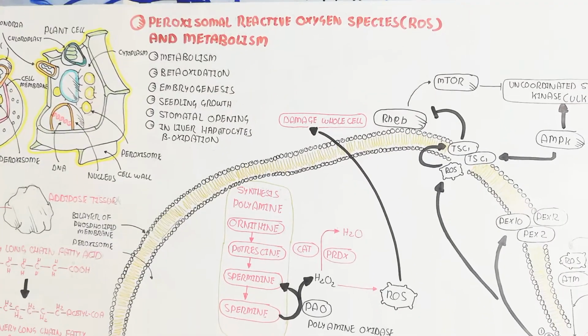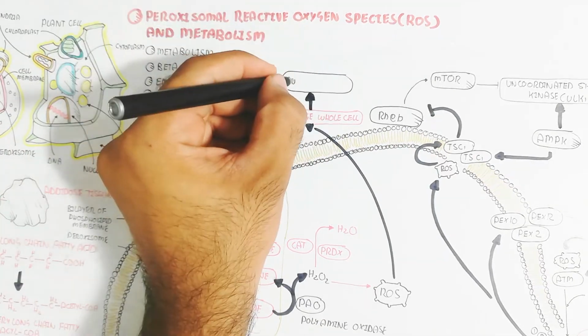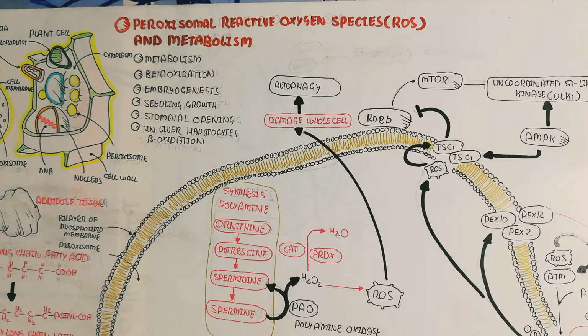This autophagy binds with the LC3 protein, and in this way you can see the whole cell damaged due to the autophagy, and apoptosis will occur.